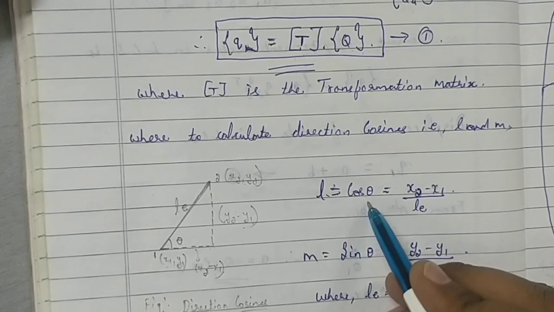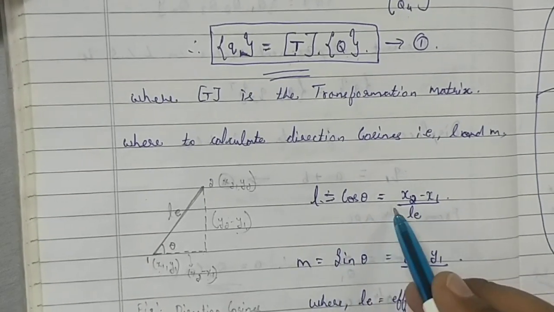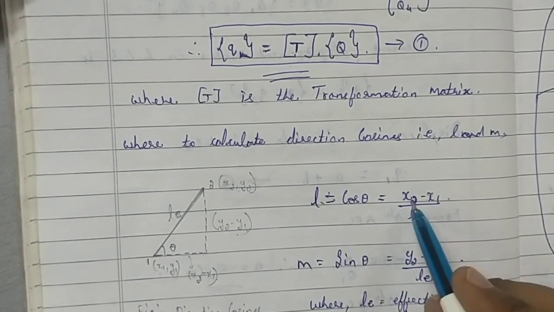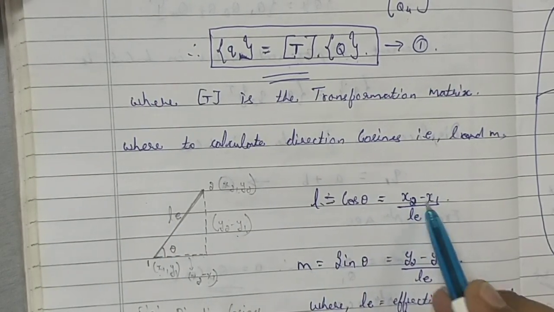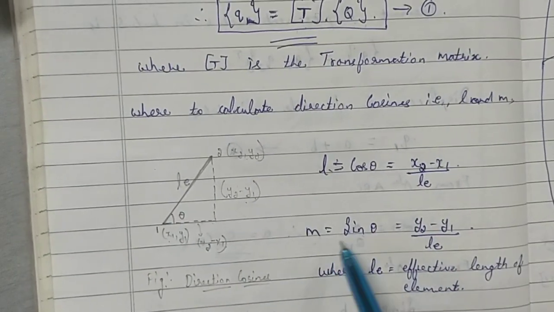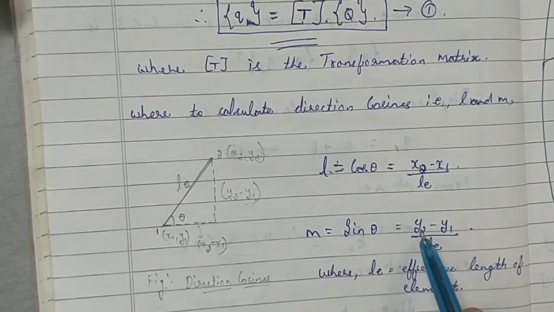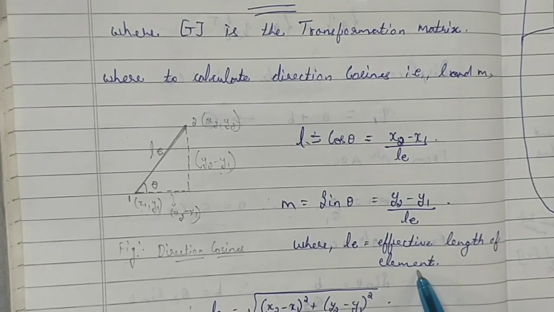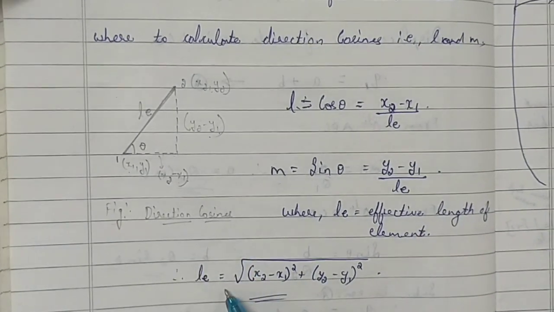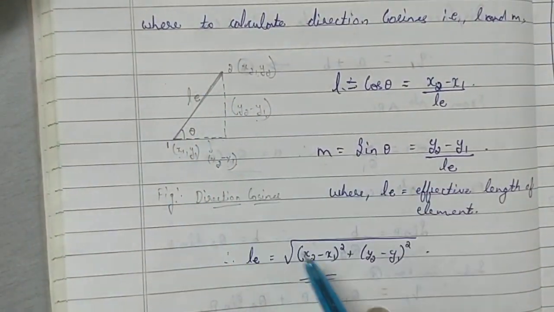So L is equals to cos theta, that is direction cosine, adjacent by hypotenuse. So x2 minus x1 divided by LE. M is equals to sin theta, that is opposite by hypotenuse. So y2 minus y1 divided by LE, where LE is the effective length of element. Next, from this triangle, what is LE?